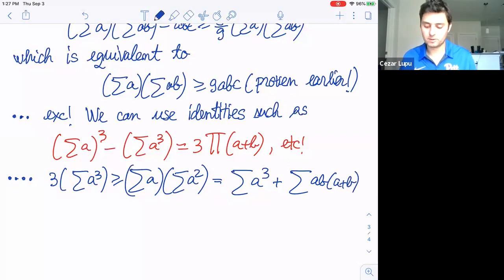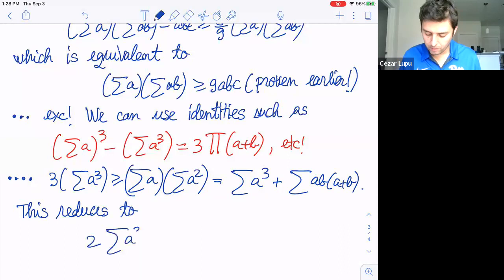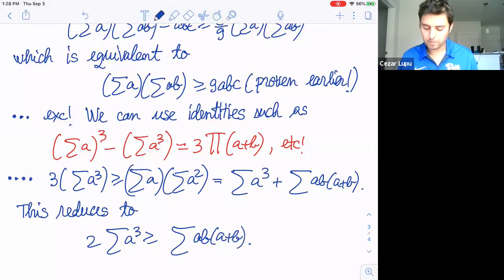This is what you're going to get. And then this inequality reduces to 2 times the sum of a cubed greater or equal than the sum of ab times (a plus b).